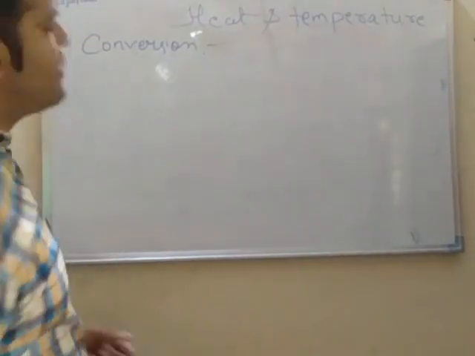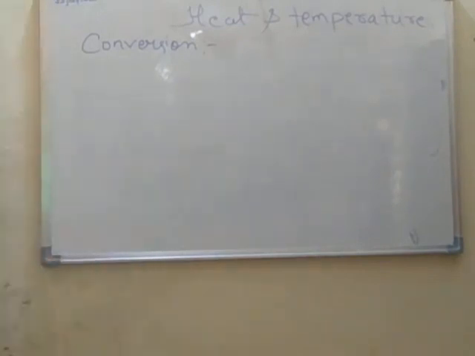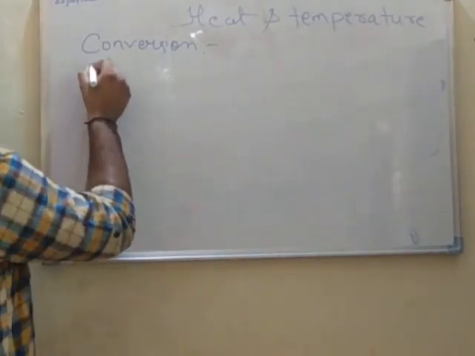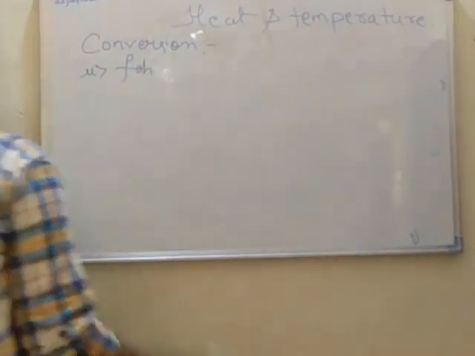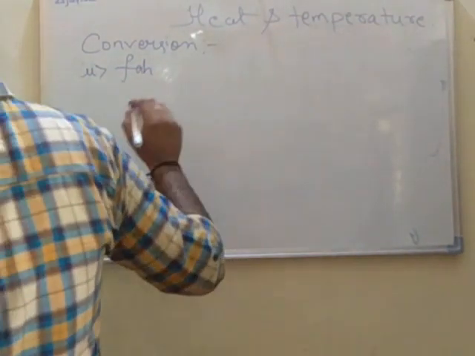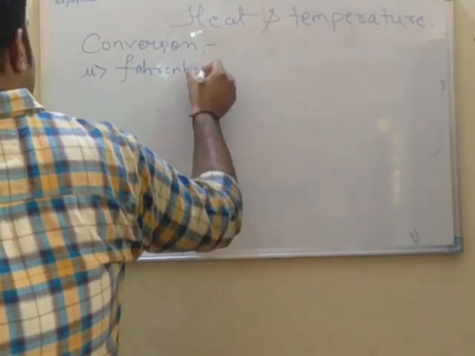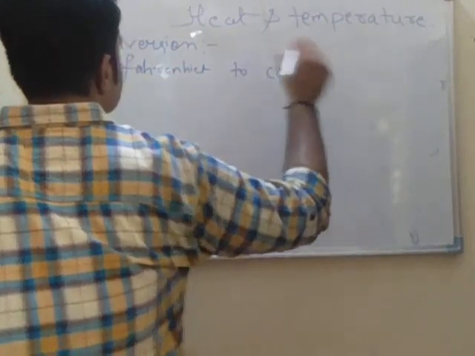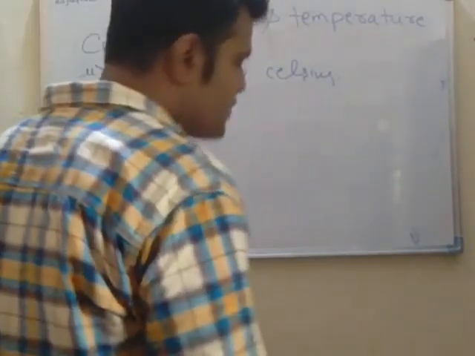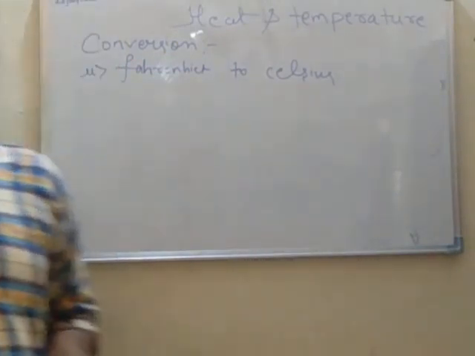What will we do in the opposite? We will now convert Fahrenheit to Celsius. So what is the formula for conversion of Fahrenheit into Celsius?